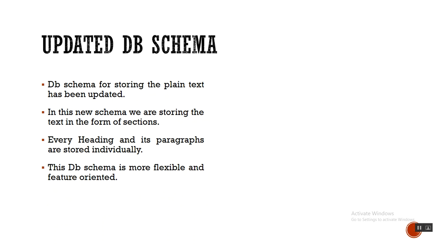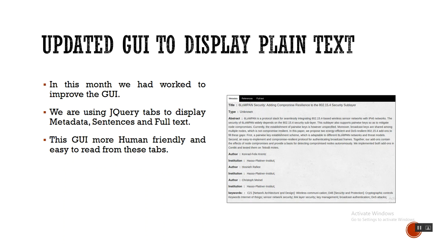We also have updated the DB schema for our project, and now we are storing the headings and the paragraphs in the database, and we think that this DB schema is more flexible than the previous DB schema which we were using.